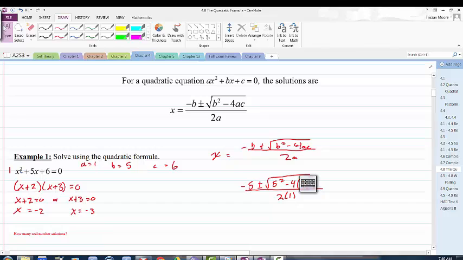So in further calculations, that's just going to equal negative 5 plus or minus the square root of 25 minus 24, all over 2, right?